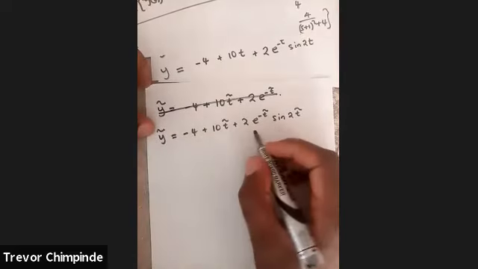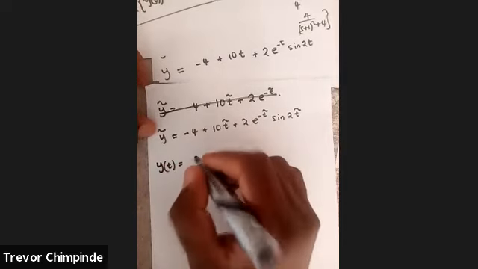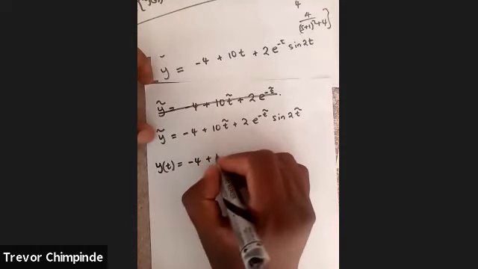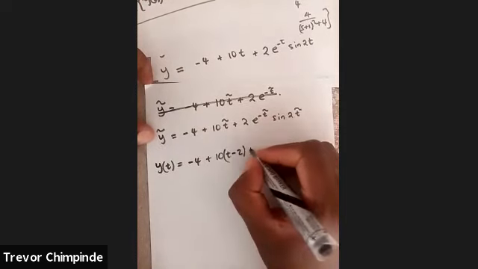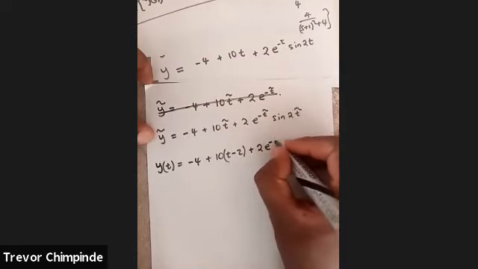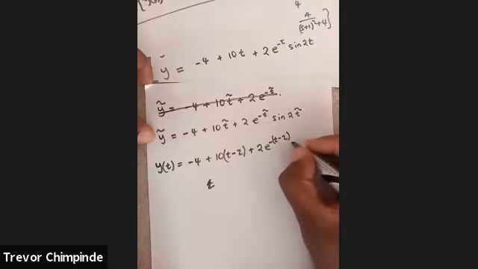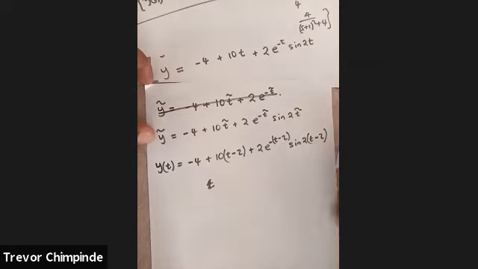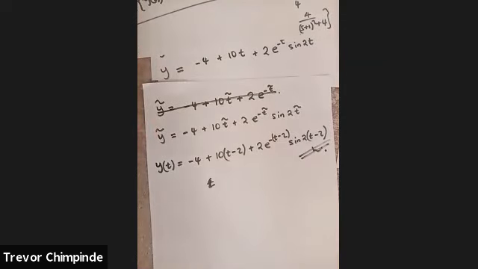So y of t, which is the answer to our original problem, is minus 4 plus 10 times (t minus 2), plus 2 e to the minus (t minus 2) sine 2(t minus 2). And this is now the answer to our original problem.